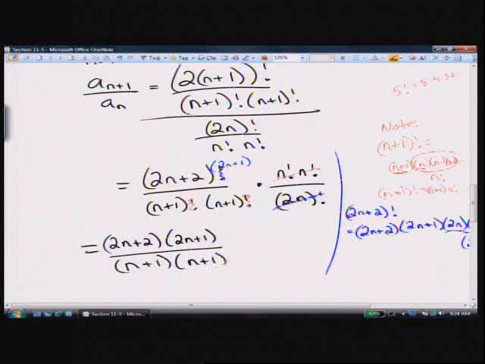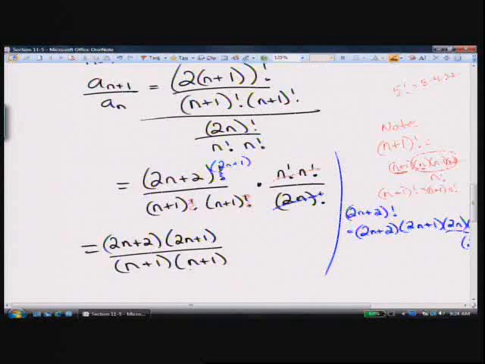All right? Now this is super fun, right? Because if I want, I could FOIL this out, or I could just use my brain and look at the leading term. You don't have to FOIL this out to get the answer, because this is going to have a 4n squared, and this is going to have an n squared.